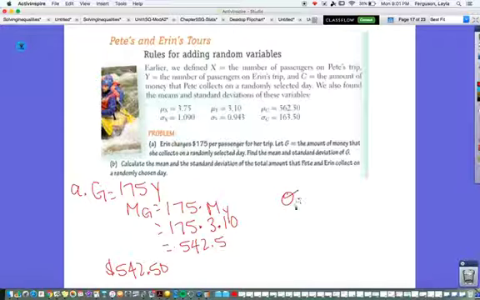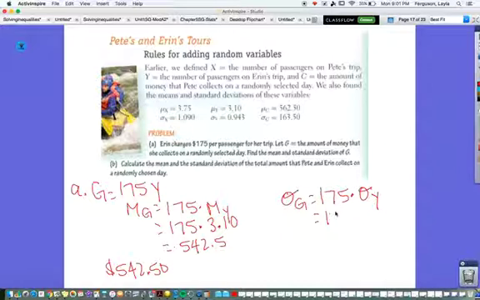To find the standard deviation for G, I would say 175 times the standard deviation for Y, and that's because of the relationship that standard deviations have whenever you are multiplying or dividing by a constant.